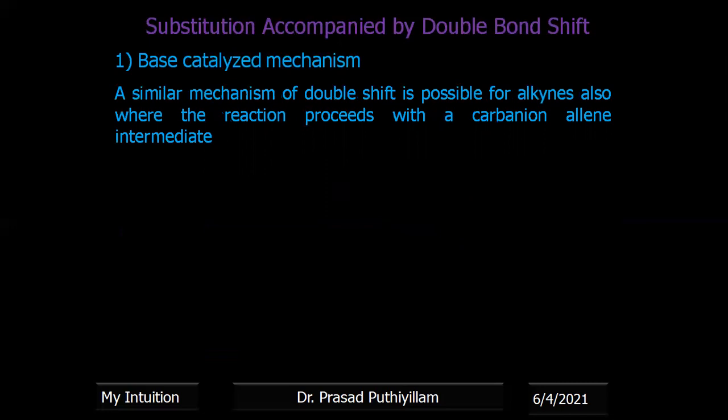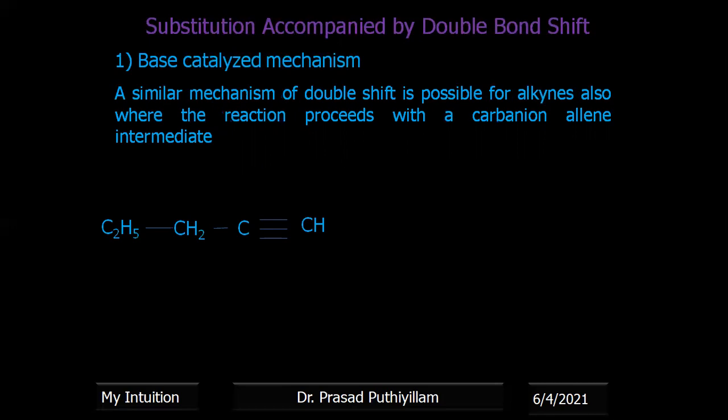A similar example, or mechanism, of a triple bond, that is alkynes, is also represented here. Say C2H5-CH2-C≡CH, and it is attacked by a base.